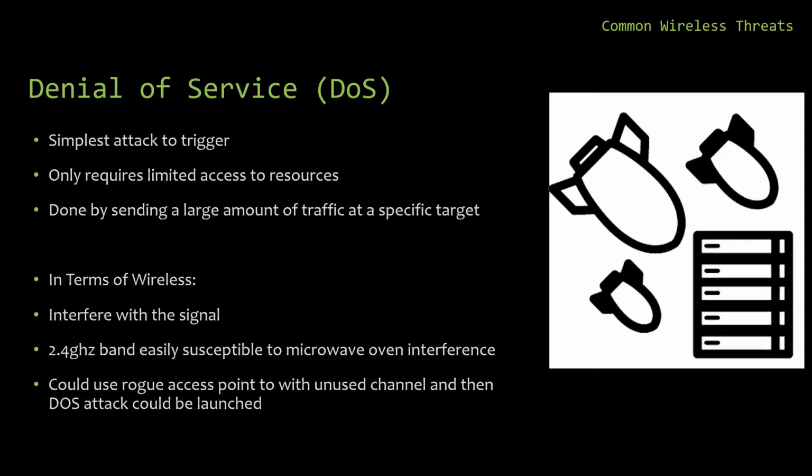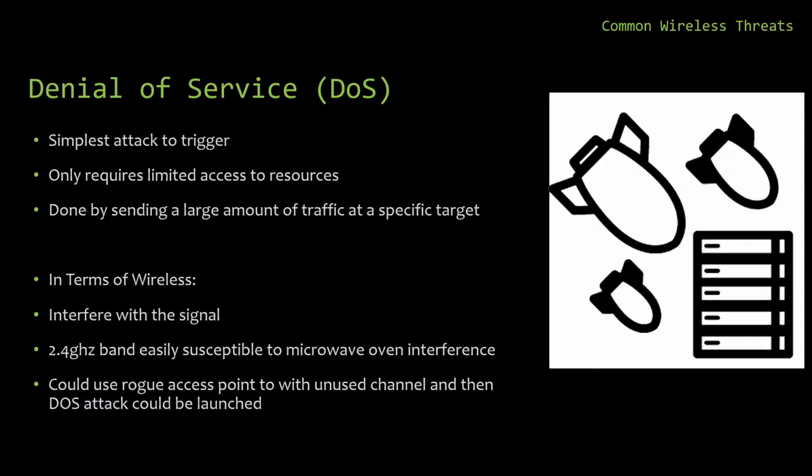Now, some research has led to understanding that the 2.4 gigahertz band is easily susceptible to different environmental factors such as microwave oven interference. So simply setting off a machine like that around a 2.4 gig range wireless device may disrupt that.